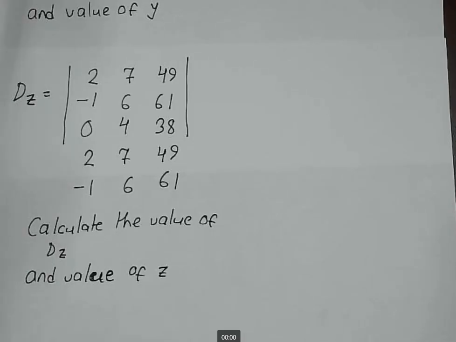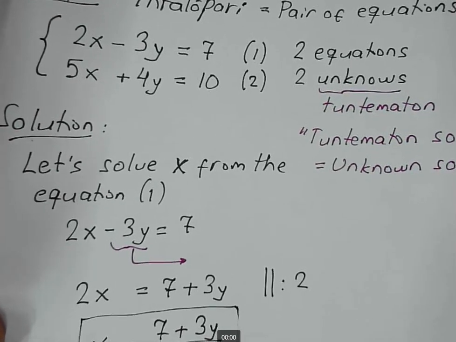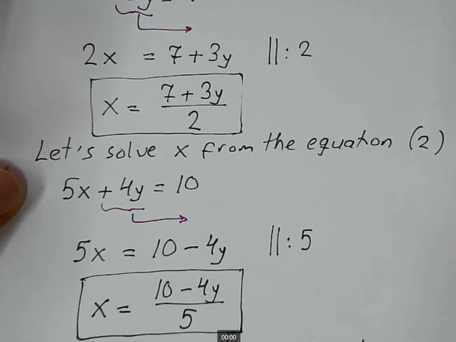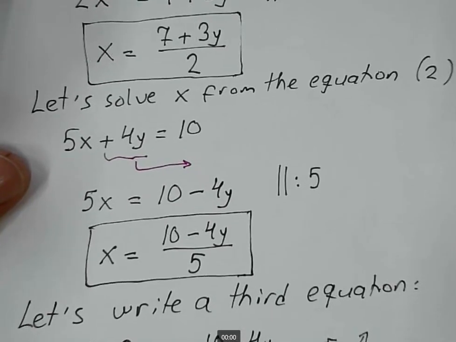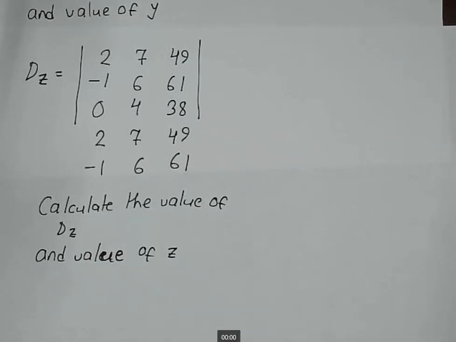For example, this method we used earlier, where we solve the x from the first equation, and from the second equation, and then solve the pair of equations with the help of that method. And then we had this Cramer rule method and this graphic method.